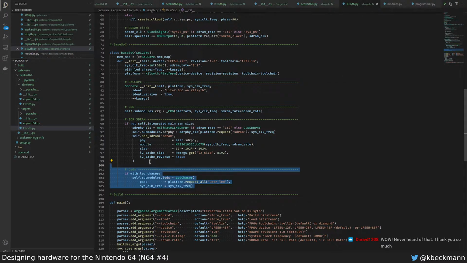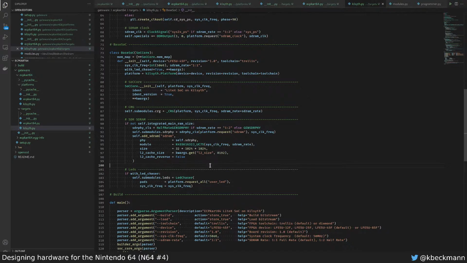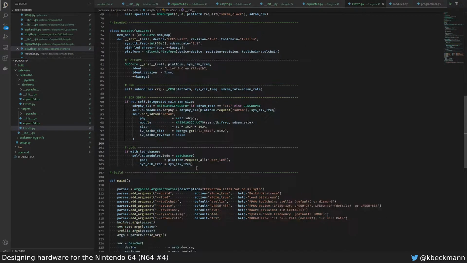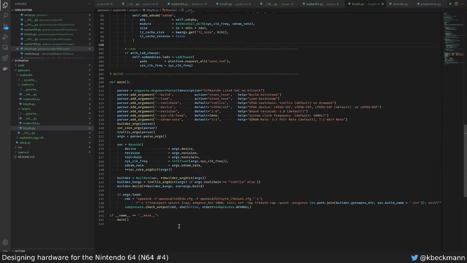We have some LEDs, and we have the SDRAM, and yeah, this is the place where you add your custom endpoints, or whatever you want to call it, your custom hardware logic, and then you can expose that through the CSR and memory mapped addresses. Yeah, and then here in the end we just have some glue, some boilerplate for the arguments, but that's about it. It's not a lot more.